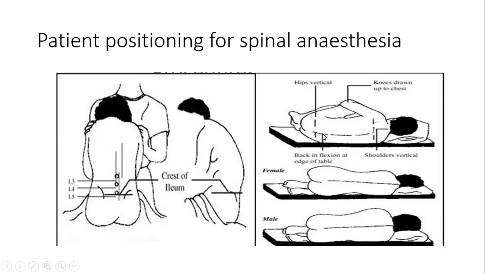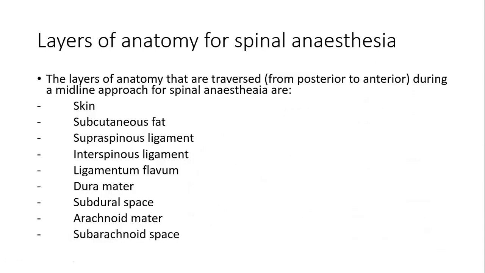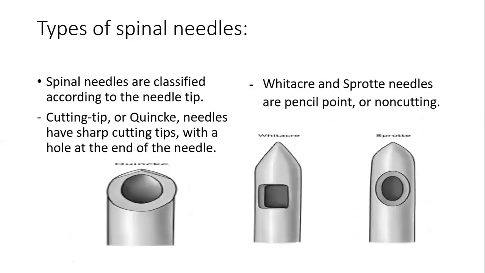For patients who may not be able to sit down, such as patients with hip fracture or femoral fracture that are difficult to sit down, you may be able to access the subarachnoid space, therefore performing your spinal in lateral position. This is the diagram that I have here.